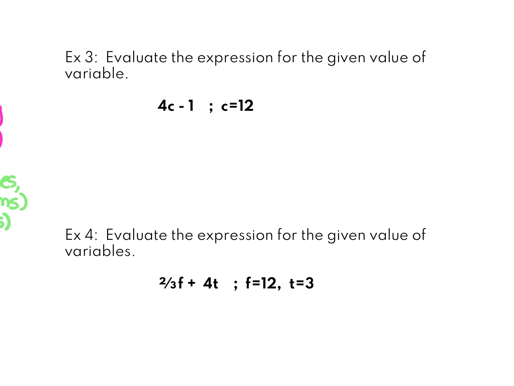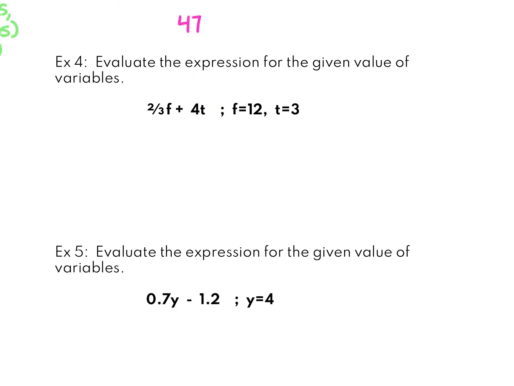So the first thing that we're going to do is rewrite this expression. This means 4 times c. So this is why I'm using parentheses here. So 4 times 12 minus 1, order of operations is 48 minus 1, and my answer is 47. So all we're doing is substituting in and using our order of operations to solve.